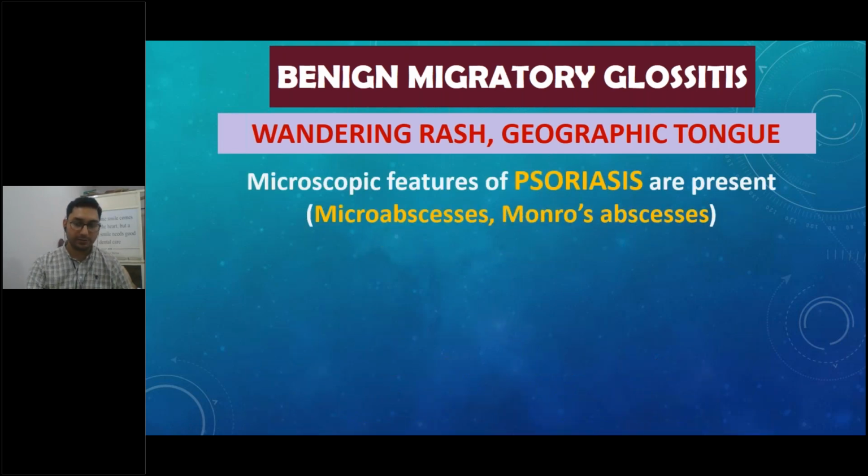What is important to remember is, see, median rhomboid glossitis, keep this in mind. I am repeating this because this has been asked many times before. Median rhomboid glossitis is associated with candidiasis. Benign migratory glossitis is associated with psoriasis. These two should not be confused.